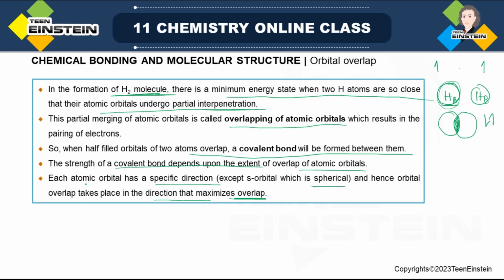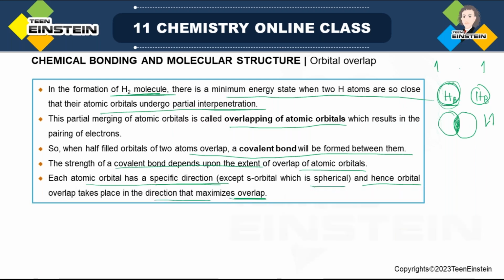Read the sentence again. Each atomic orbital has a specific direction, and hence orbital overlap takes place only in that direction where maximum overlap is possible, because our purpose is to get maximum overlap. Though for the s orbital it is not applicable because the electron density is spherical. But for p, in a particular direction electron density is high. For d also, same thing.